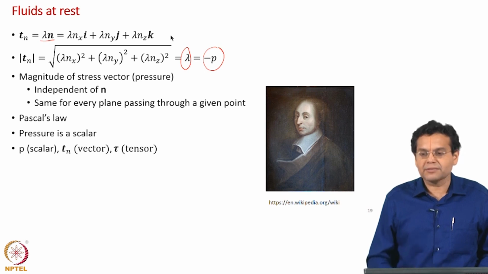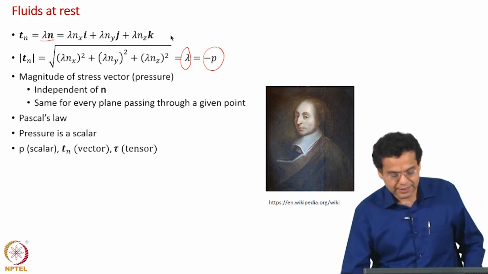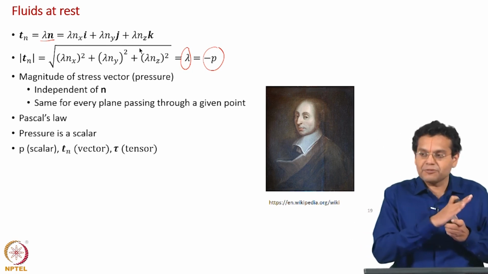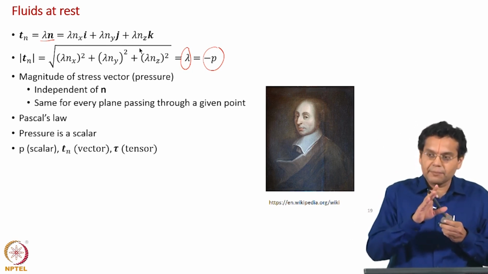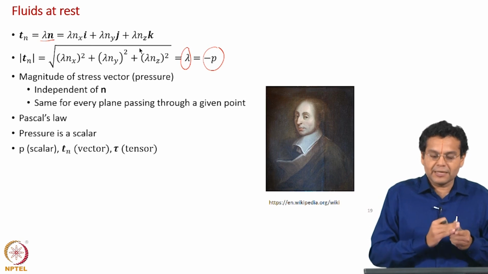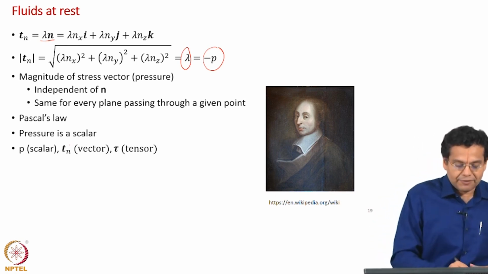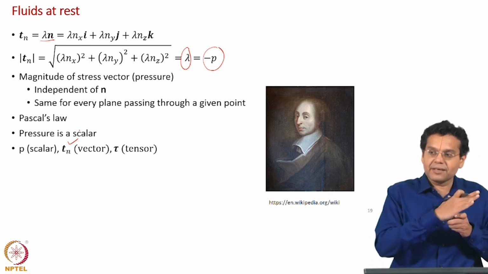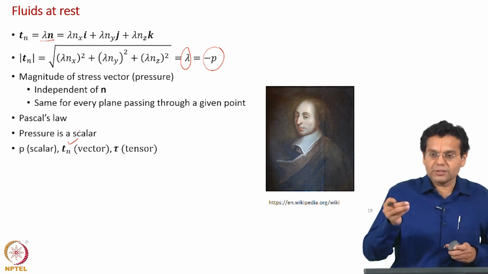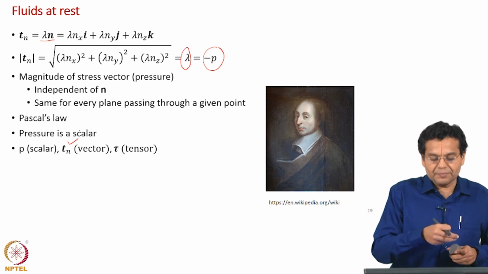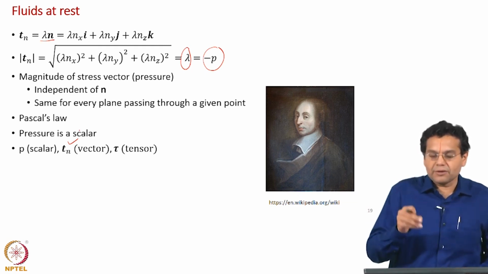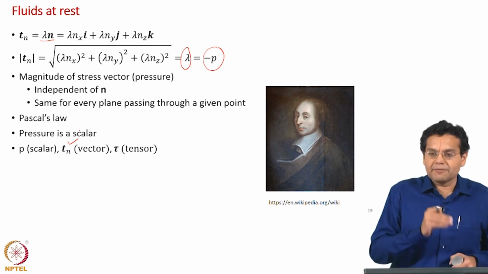Let us go to stress vector. What did we say about the stress vector? On a given plane, the plane is specified. So, it is the force acting on a given plane, because the plane is specified, and it is a force, it is a vector. There is a direction, because the direction of the area is given, you need only the direction of the force, which is the direction of the stress vector, and because you require only one direction, of course magnitude is there, it is a vector.